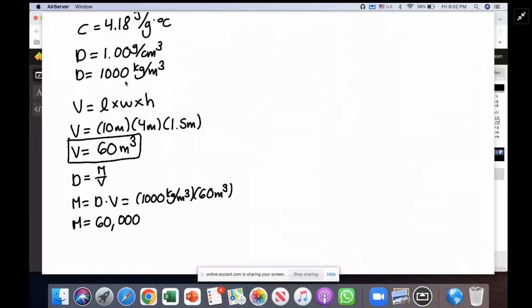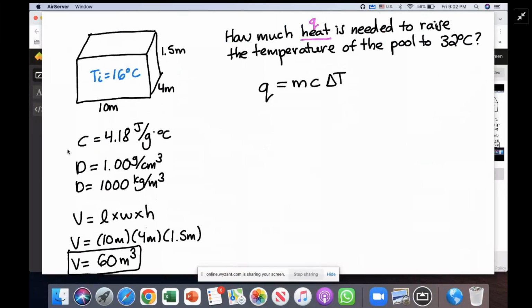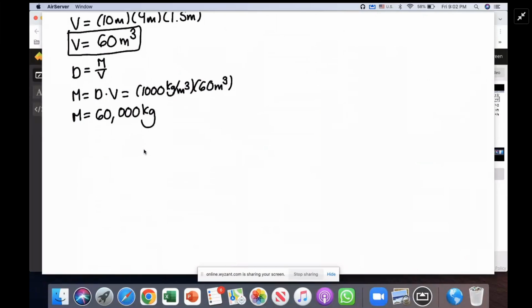The mass is 60,000 kilograms. Now remember, this mass is in kilograms, but if we go back up, our specific heat uses grams. So we do need to convert that to grams. That's pretty easy, because we know that 1,000 grams is 1 kilogram. So all I need to do is multiply this value by 1,000.